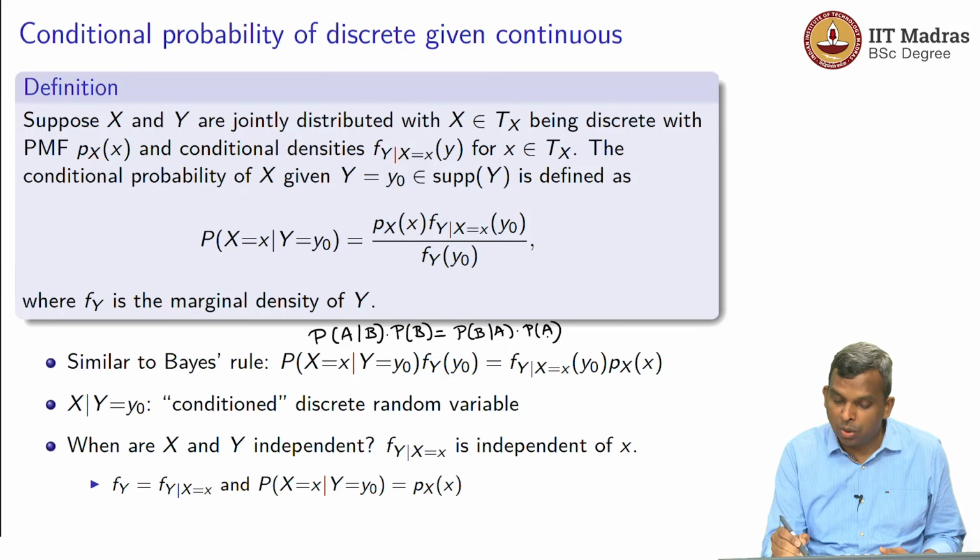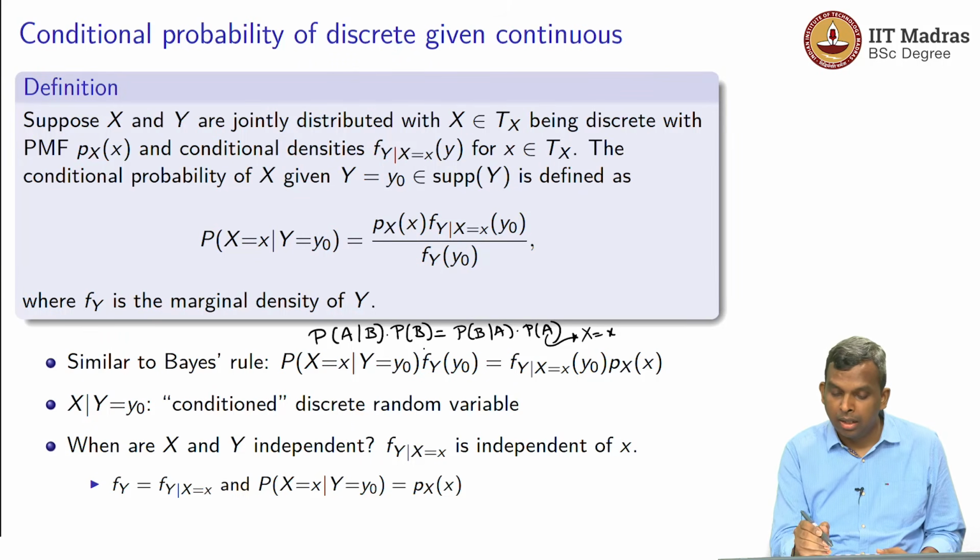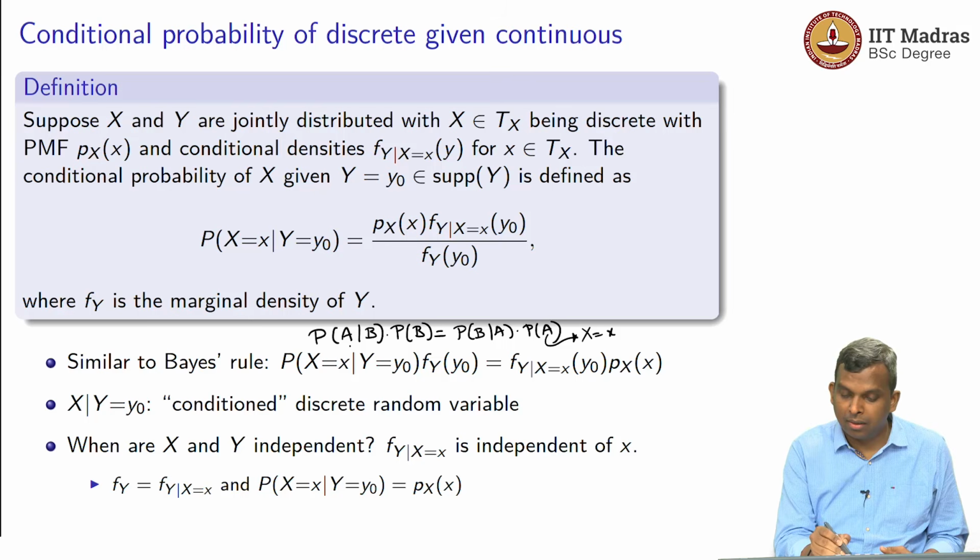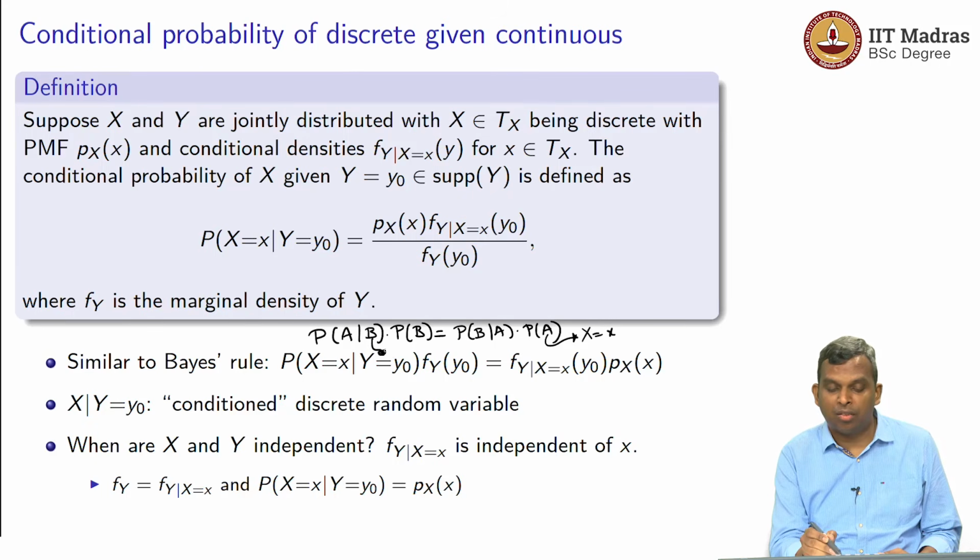Notice here we have A being X equal to x, and B is sort of like y equals y naught. So wherever you have a discrete random variable, you have the probability of X equals x given y equals y naught.